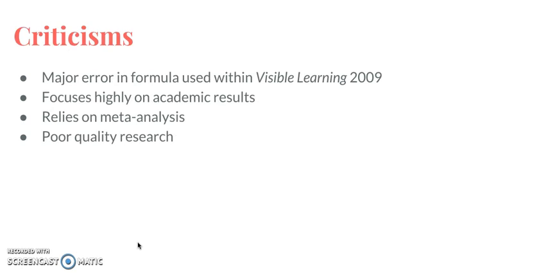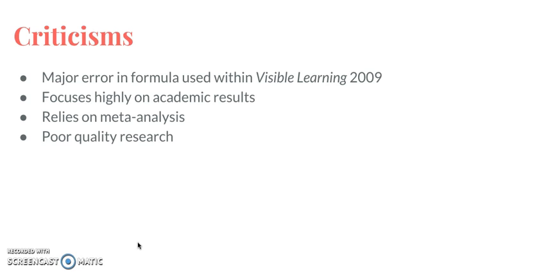Some of his major criticisms: in his book in 2009, there was a major error in which some of the formulas used were not quite correct. They didn't affect the information so much as it was still accurate.